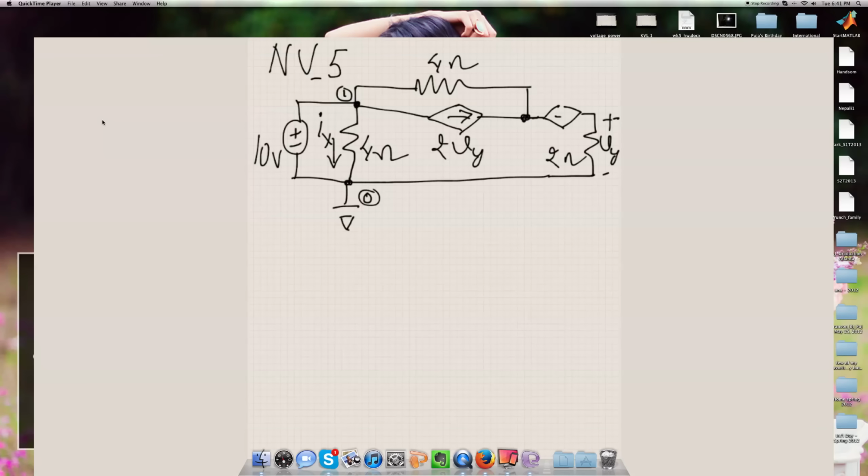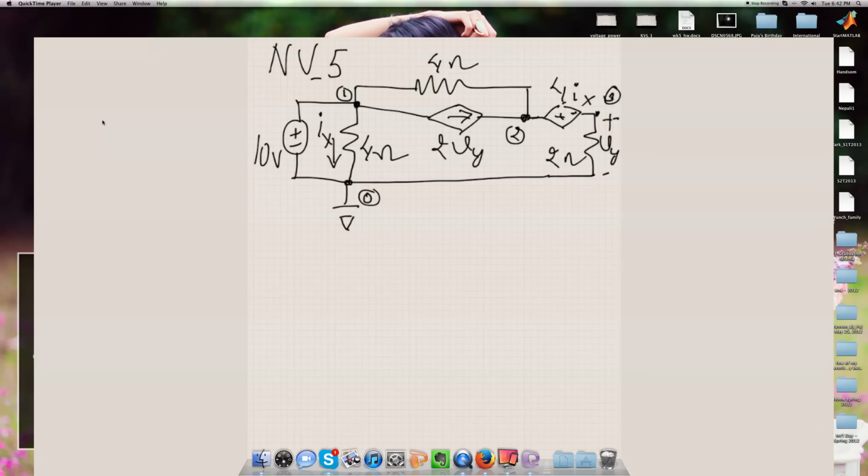And then we have plus and minus in this diamond, as output is 4 times I sub x, where I sub x is the current we talked about here going through 4 ohm. So this is node number 2, and right here is our node number 3.